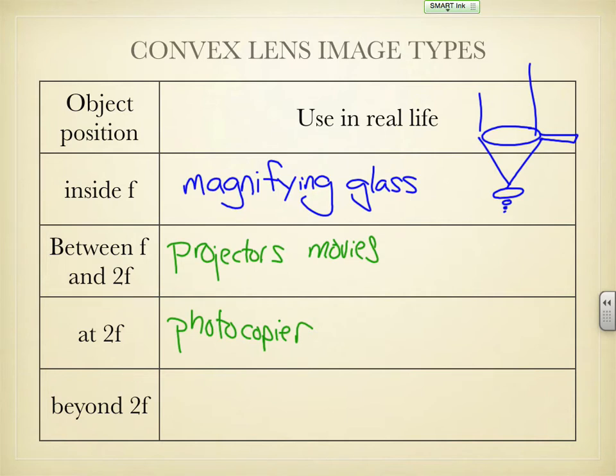But if you've ever used a photocopier, you know that you put it down right side up, but it always comes out upside down. The reason is you're making a real image, so it's always going to be inverted.